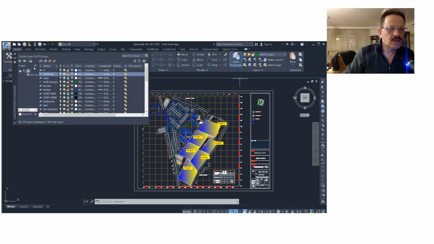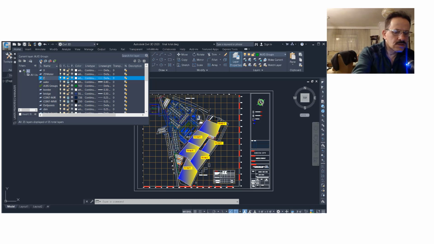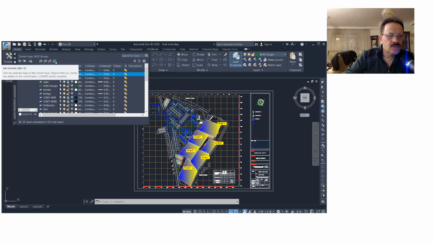And I will make another layer for zone D, sewer. Now I want to start with zone D, water, so I make this the current layer. Okay, set the current layer.